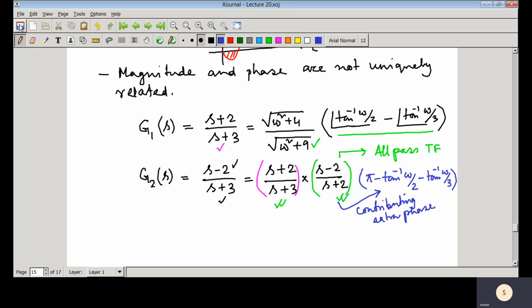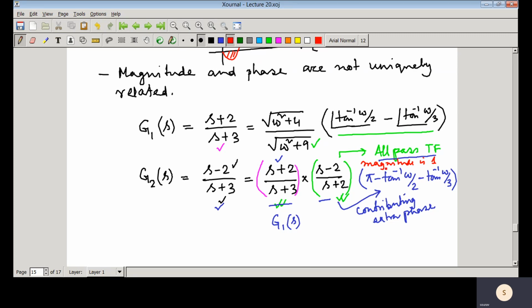So what we have seen here is, whenever there is a zero on the right half of the S-plane, it can be represented as the product of two factors. The first factor is similar to G1(s), with poles and zeros in the left half of the S-plane, but there is one all-pass transfer function whose magnitude is always 1, all through the frequency.